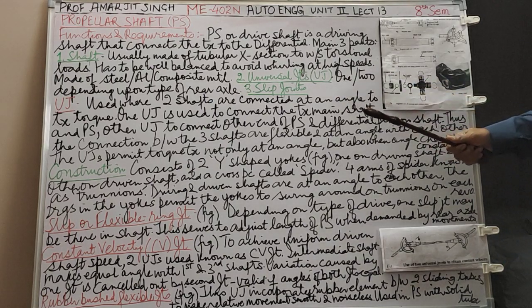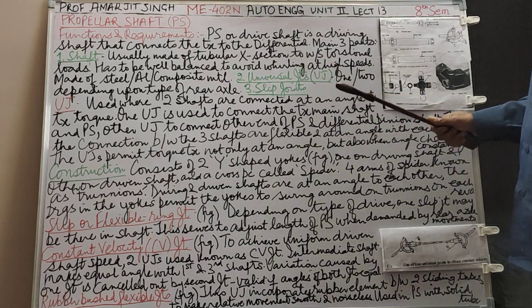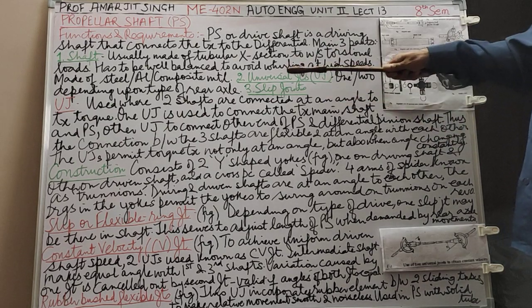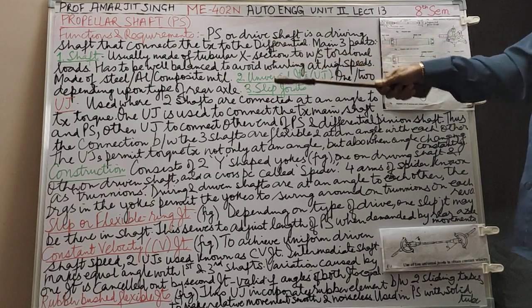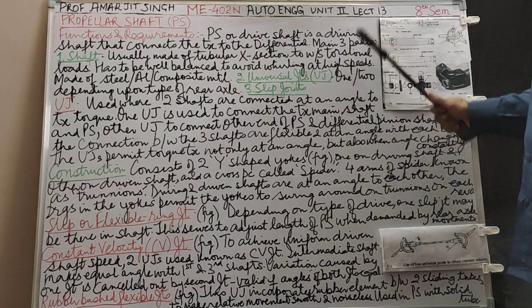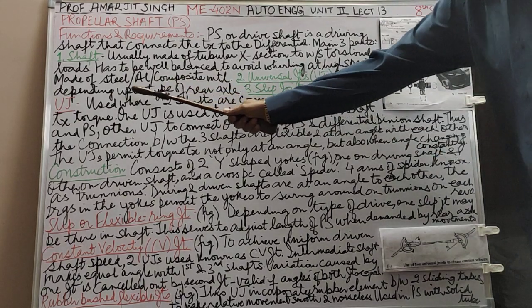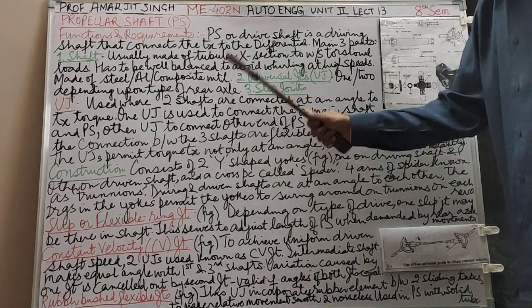Of course, the speed comes down when it comes to the propeller shaft because the gearbox has a certain amount of reduction. And at that high speed, whirling. What is whirling? This is whirling. To avoid whirling at high speeds, it is made of steel, aluminium or a composite material.